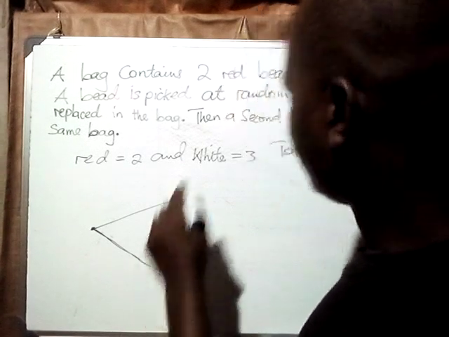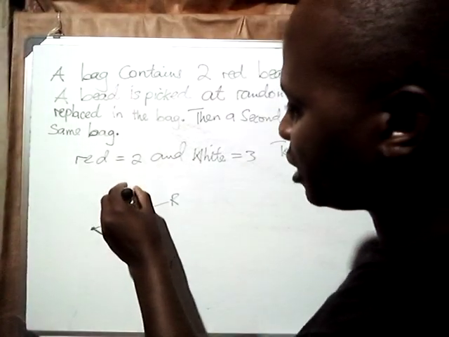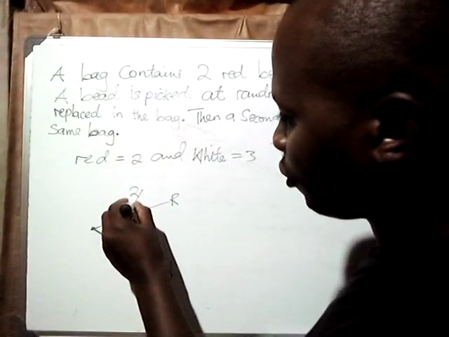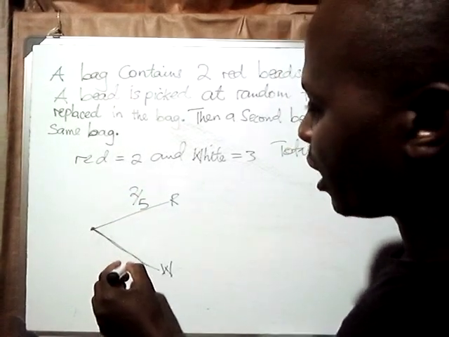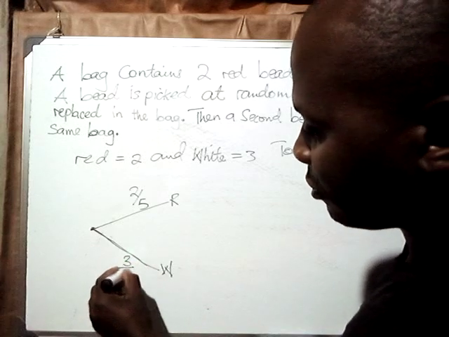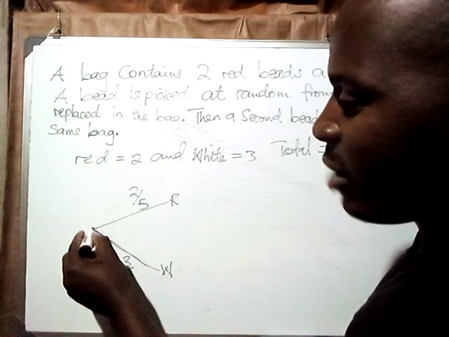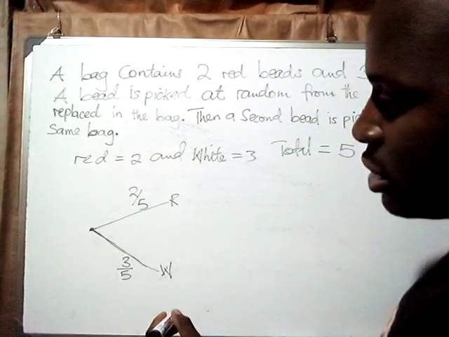So what is the probability of red? It is 2/5. And the probability of white is 3/5. Remember, this branch is just for red, and this one is just for white.